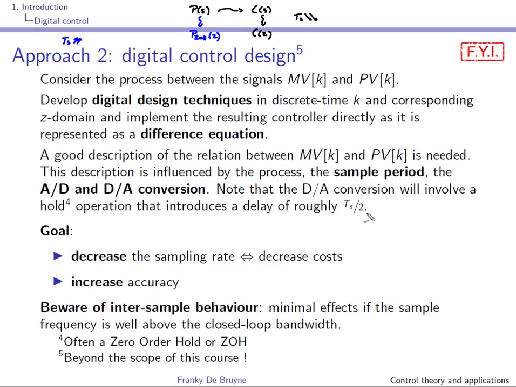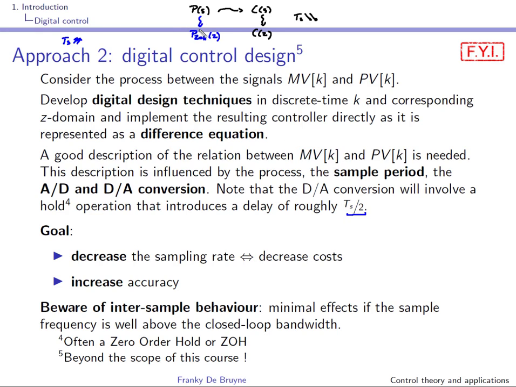You might remember from the course of signals and systems that this zero order hold is introducing a delay of Ts over 2. Ts here is the sampling period, right? And if Ts is becoming large, well, this is going to play a role. And in this first approach, this Ts over 2 is not taken into account.